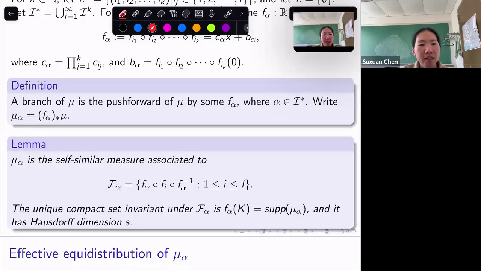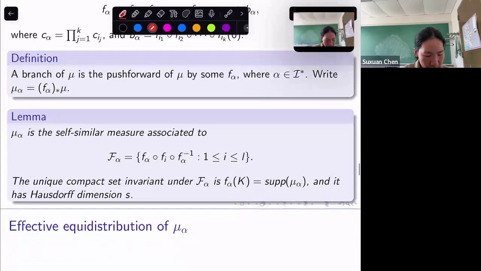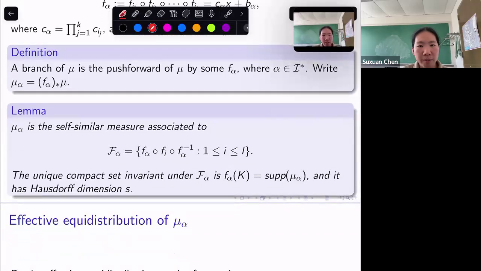And then there's a lemma that mu_alpha is a self-similar measure associated to the new iterated function system, which consists of functions of the form F_alpha composed with F_i composed with F_alpha inverse. So it's very close to the original iterated function system, but we compose and pre-compose with F_alpha and F_alpha inverse.